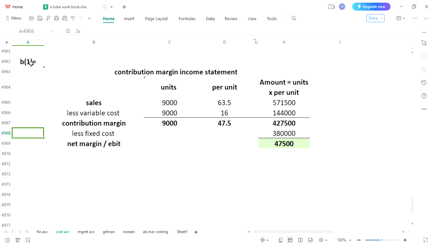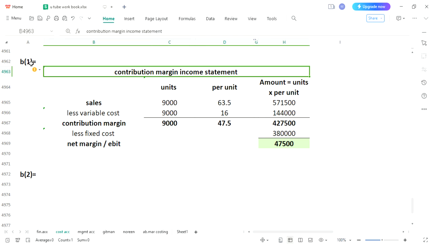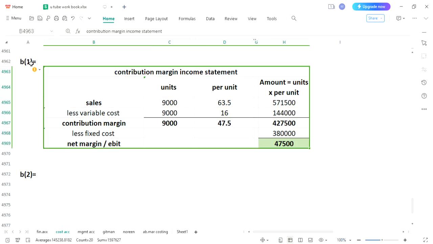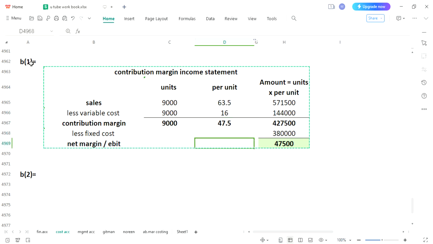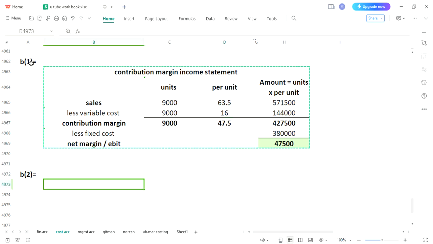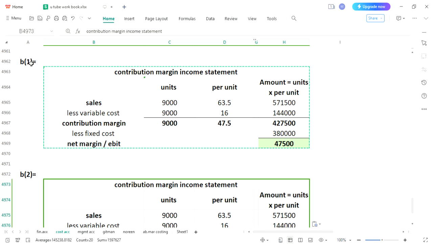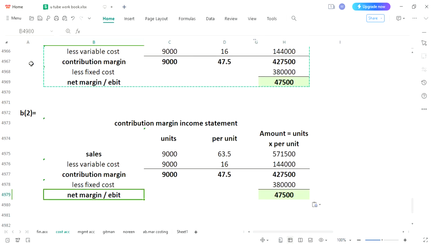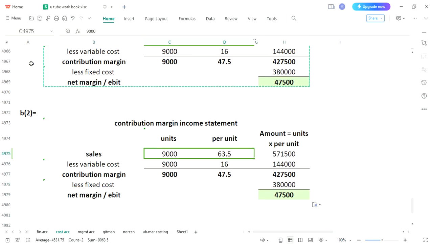After which we will calculate same contribution margin and net margin for other number of units, second part, and it was set to calculate contribution margin format income statement for 10,000 number of units. What I am doing, I am taking these headings to calculate next statement because everything would be same except these calculation.